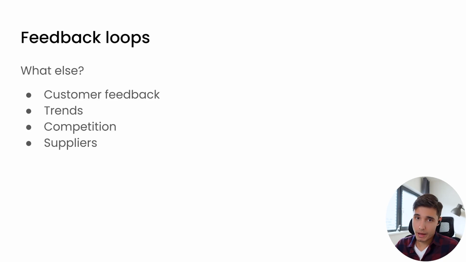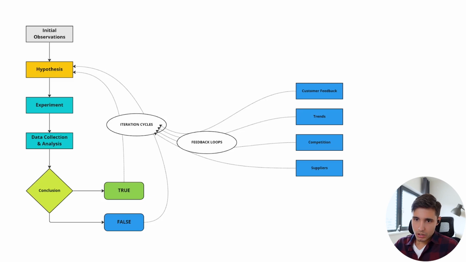Obviously, there is customer feedback across our whole brand. Then we have the trends, competition, and suppliers. So the full method, the full model of this method looks like this. On the left side, we have the exact same structure: observation, hypothesis, experiment, and so on.